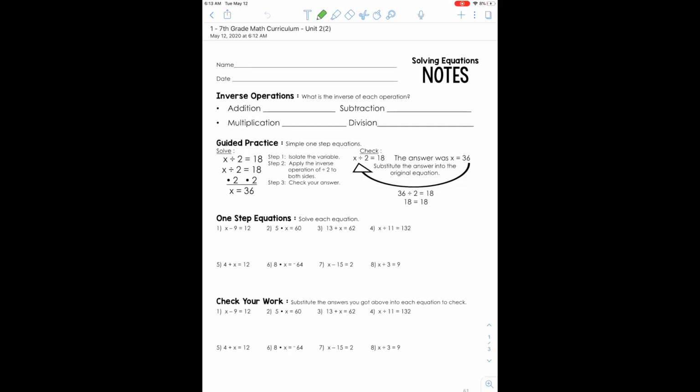So the opposite of addition would be subtraction. The opposite of subtraction is addition.